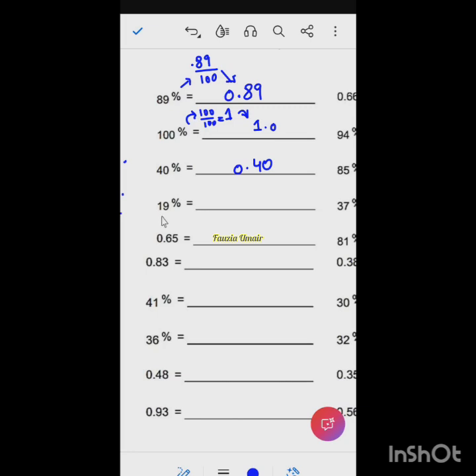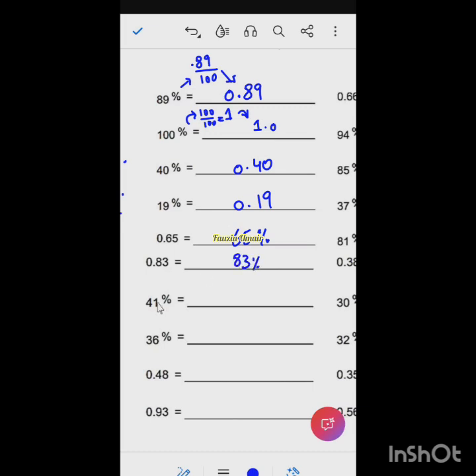0.19. Very good. 0.65. That is 65%. Very good. There should be 2 digits after the decimal. 0.83 is 83%.